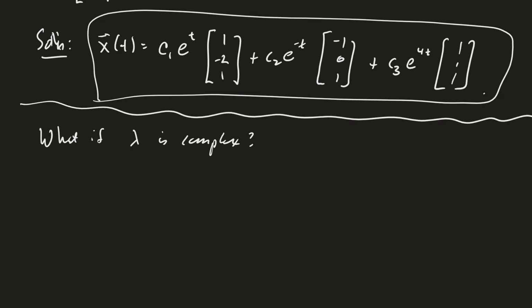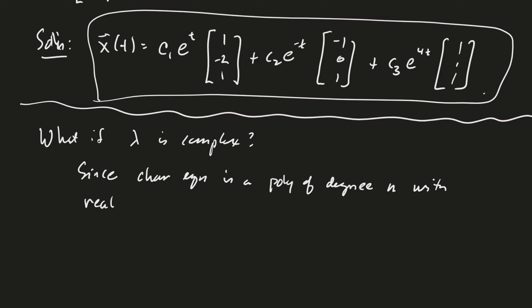Well, first off, we should note that our characteristic equation is a polynomial of degree n with real coefficients usually. We don't have differential equations with complex coefficients, so we'll just stick with the real coefficients.